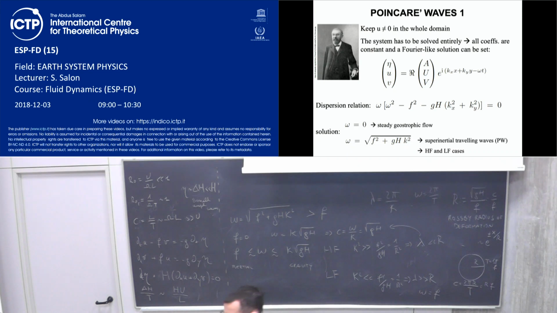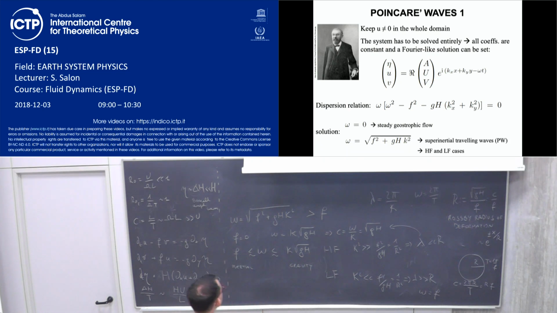Which is very interesting, because the inertial oscillation that we analyzed at the beginning as a very simple solution of the rest condition for a rotating flow is actually a special case of barotropic waves, Poincare waves.